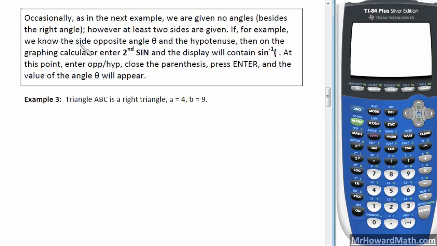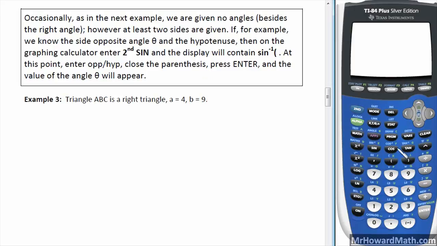All right, so we have a lot of reading that we can go through here, but basically this paragraph is telling you that sometimes you only have the right angle and you're missing the other two angles, but you are given at least two sides. When that's the case, you're going to use sine inverse, cosine inverse, or tan inverse. That would be second sine, second cosine, second tan to find those angles. That is called sine inverse, cosine inverse, tan inverse, also arc sine, arc cosine, arc tan.